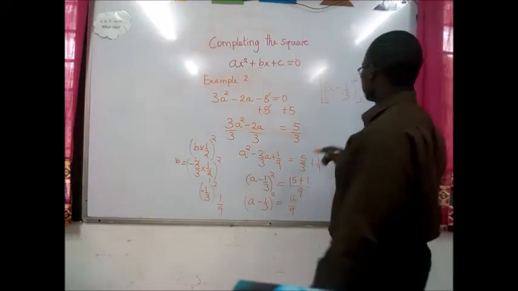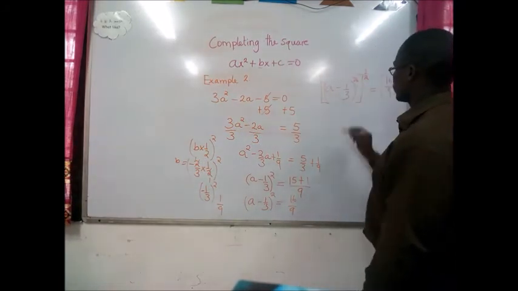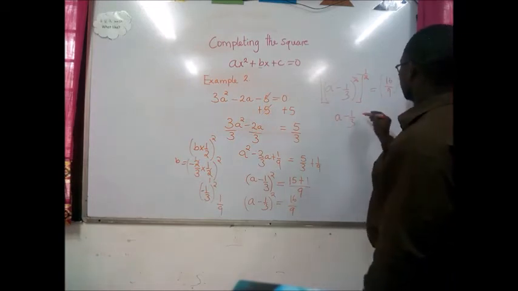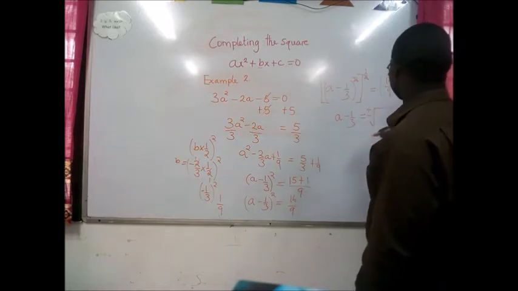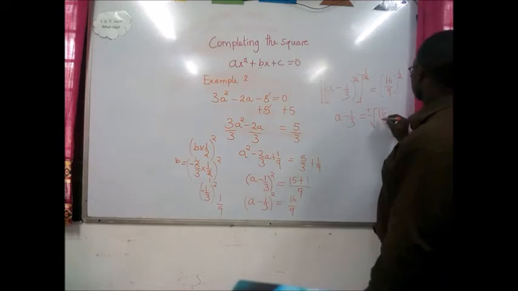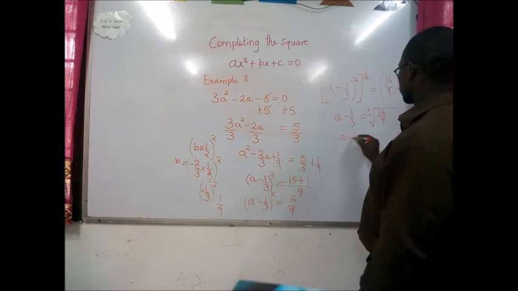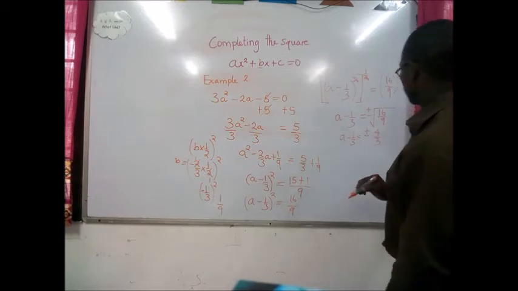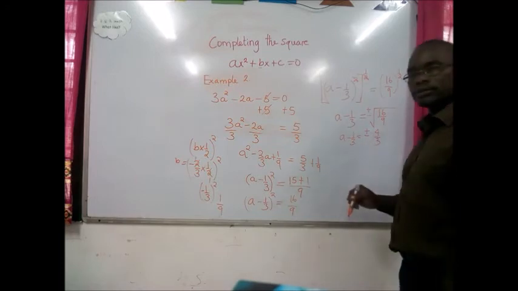I do the half thing to show how it cancels off. So it becomes a minus 1 over 3 is equal to the square root. When you put square root, don't forget plus or minus here. 16 over 9, which gives a minus 1/3 is equal to plus or minus 4 over 3. Square root of 16 is 4, square root of 9 is 3.